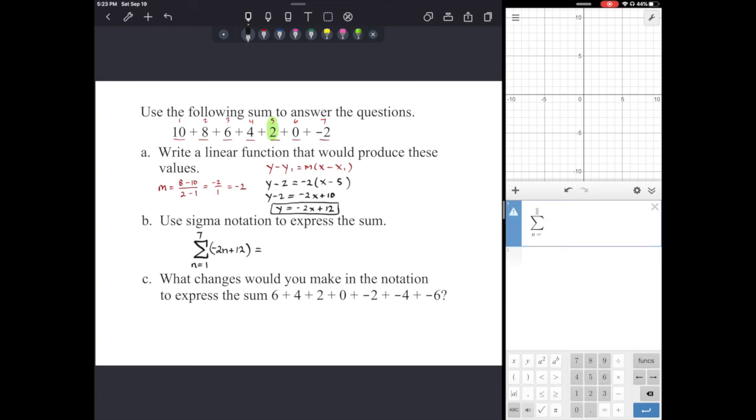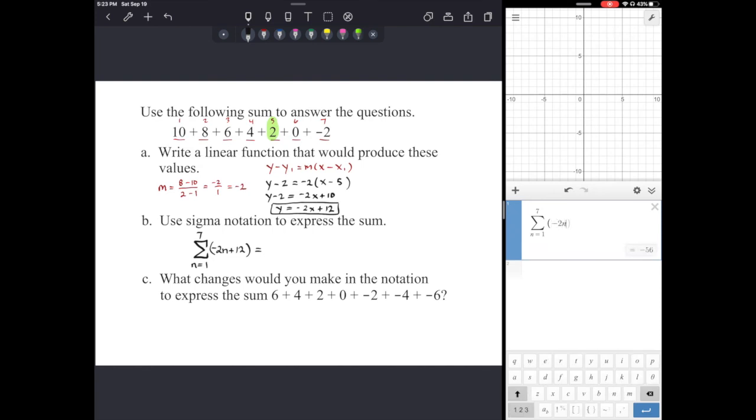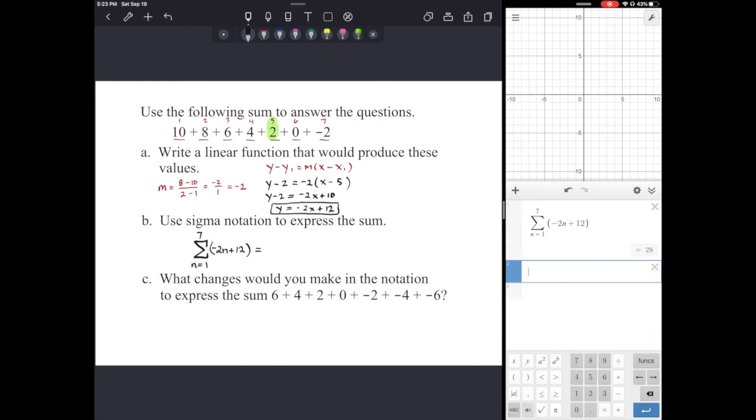There's sigma at the bottom. We're going from the first term to the 7th term, and we need to put the parentheses in there. We're going to say negative 2, go find your n, and then plus 12. And enter there, and it looks like our sum is 28.